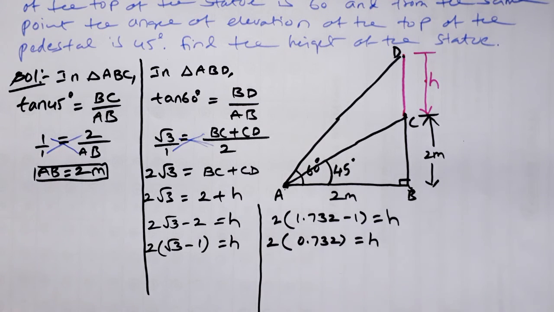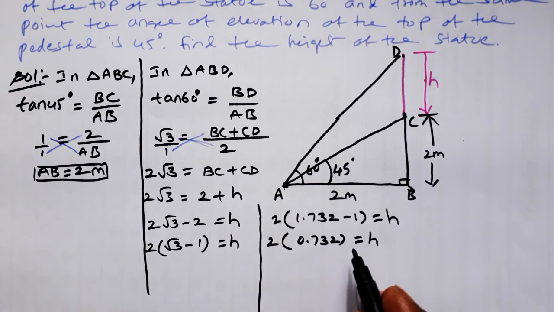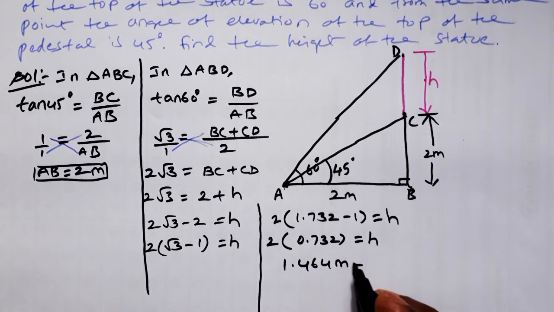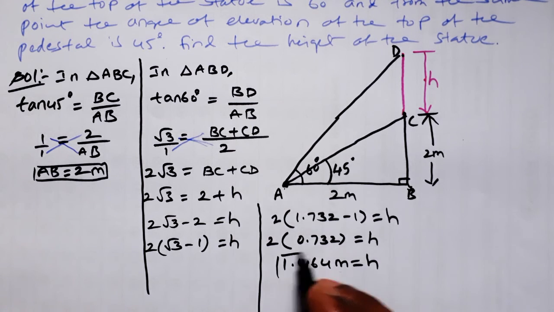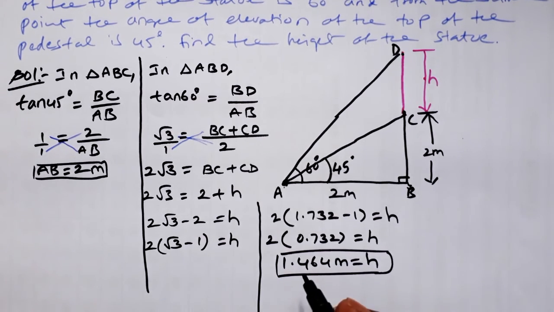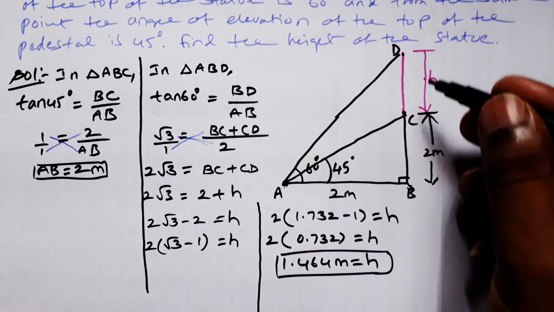Now multiply 2 into 0.732, and the answer will be 1.464 meters equals h. So h we got as 1.464 meters. This is nothing but the height of the statue.